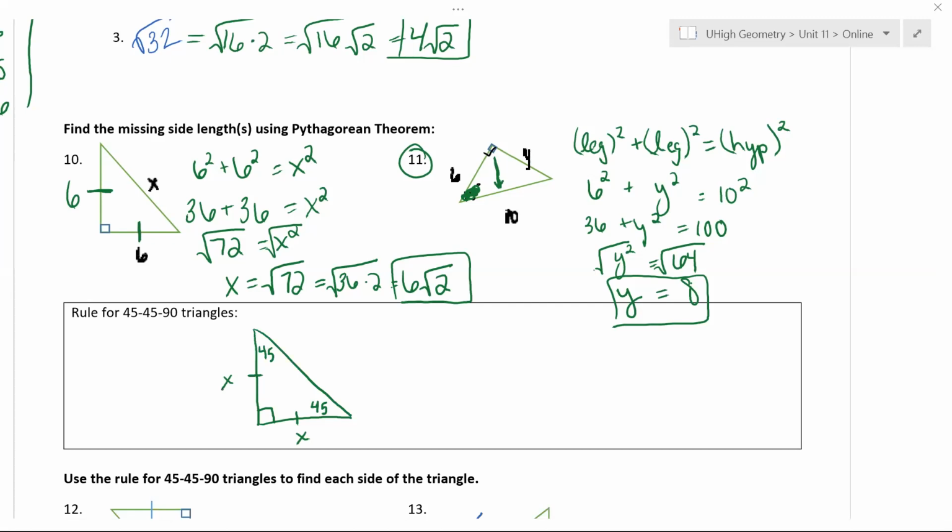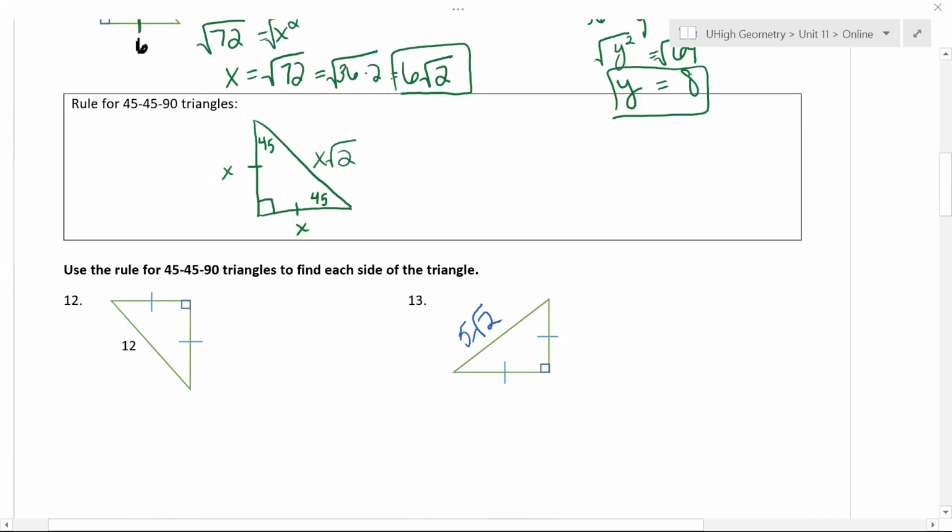If I look up at number 10, kind of as a guidance, I had legs of 6 and a hypotenuse of 6 root 2. Well, the same thing's going to work here in any 45, 45, 90 triangle. If I have legs of x, my hypotenuse is going to be x root 2. So what is this going to look like in general?